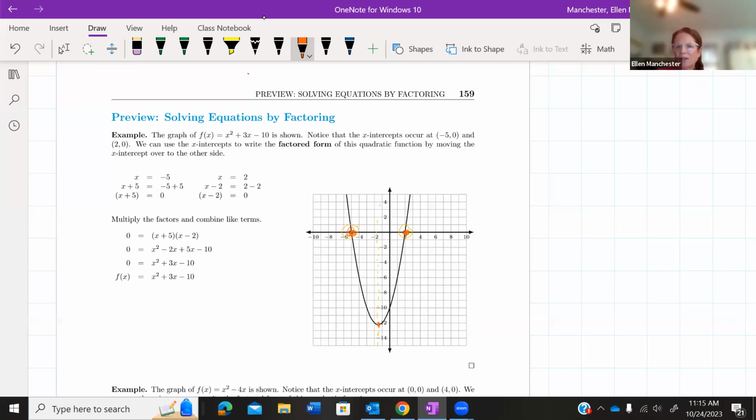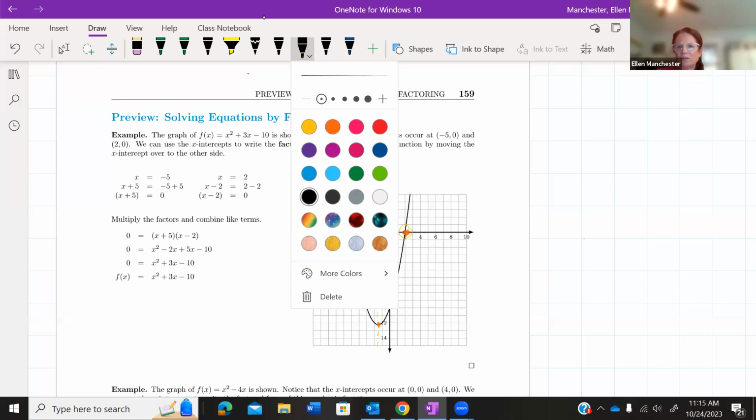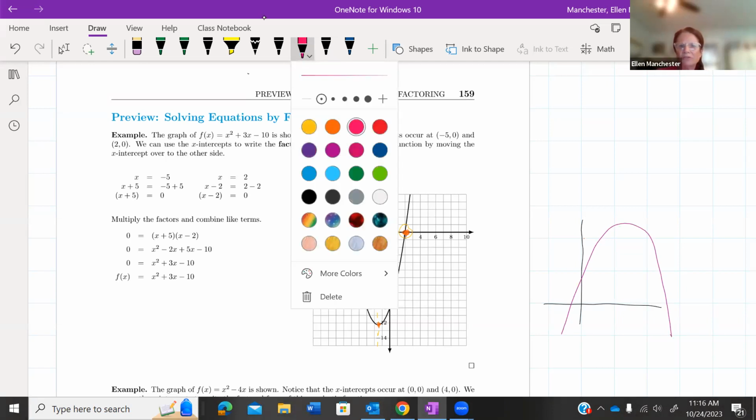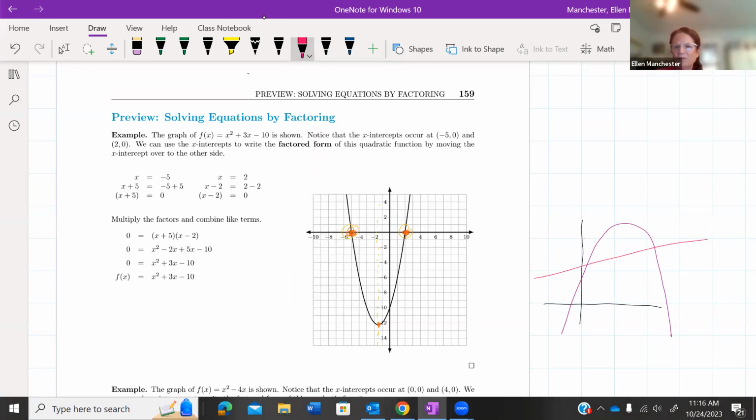So these are called the break-even points. And what that means is if I have a graph, and I have a revenue function that looks like this, and I have a cost function that looks like this, these points right here are my x-intercepts.